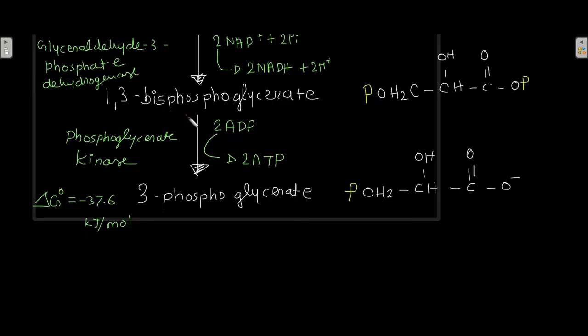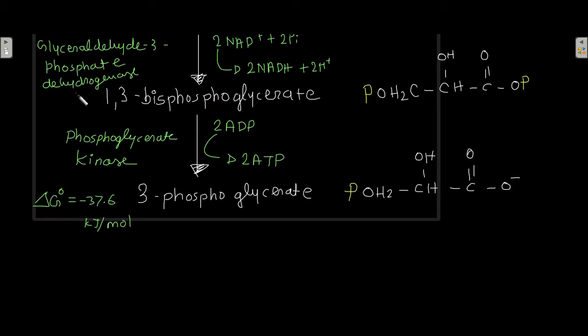In the next reaction, this 1,3-bisphosphoglycerate is converted into 3-phosphoglycerate. As you can see, one phosphate is removed, and that high energy phosphate is used to generate ATP: 2 ADP are converted into 2 ATP in this reaction. Why 2 ADP? Because remember, there are two bisphosphoglycerate molecules here.